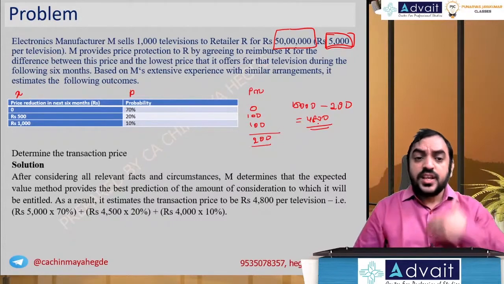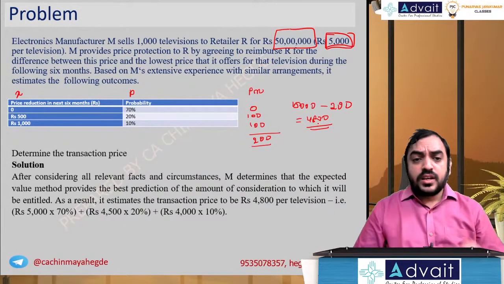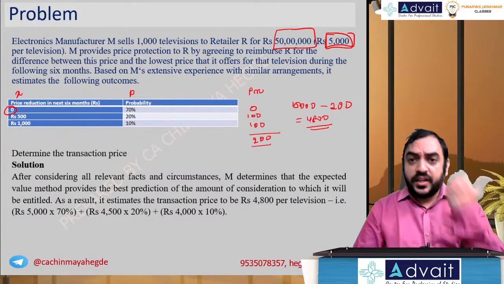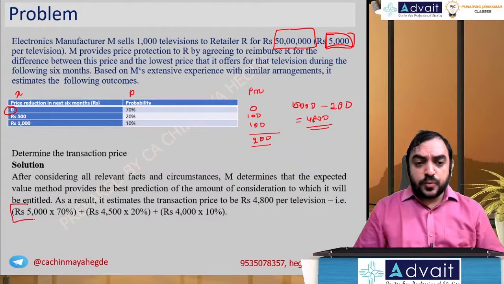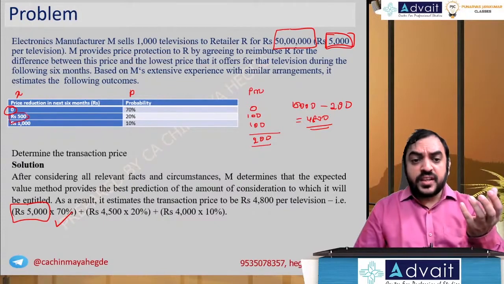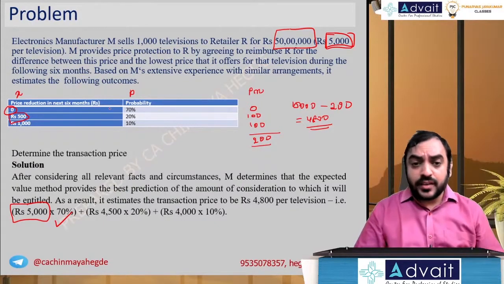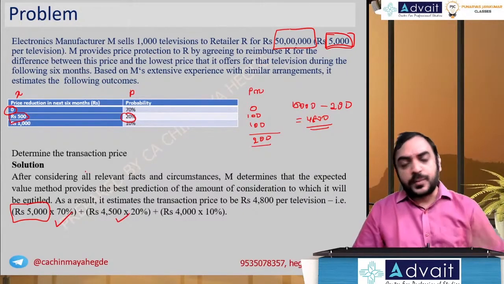That is one choice. The other one: 5000 rupees you received, 0 rupees you are going to return. That means there is 5000 rupees gross and the probability is 70%. And out of 5000, if you return 500, the remaining entitlement is 4500. That probability is 20%. That is 4500 at 20%.